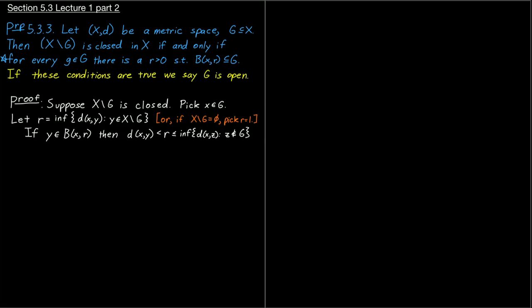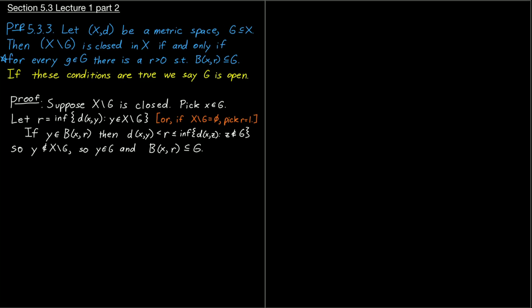I'm going to write Z not in G instead of Z in X minus G. So Y is not one of the points in X minus G, because those are all a distance at least R from X. So Y is in G. And so in either case, the ball centered at X of radius R is contained in G. So that's one of the things we wanted to prove.